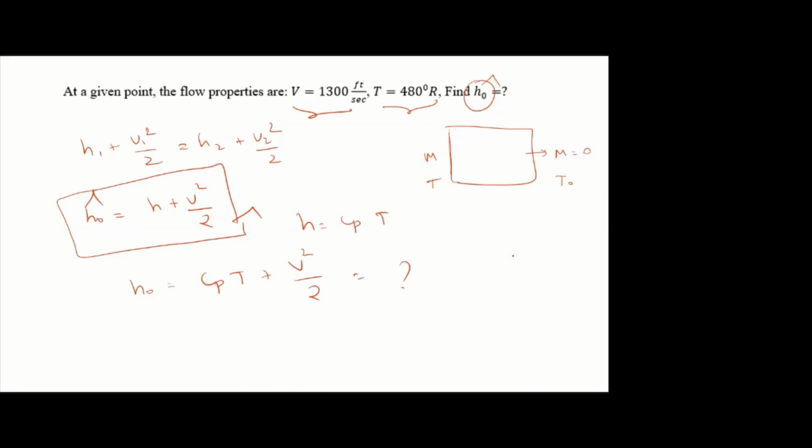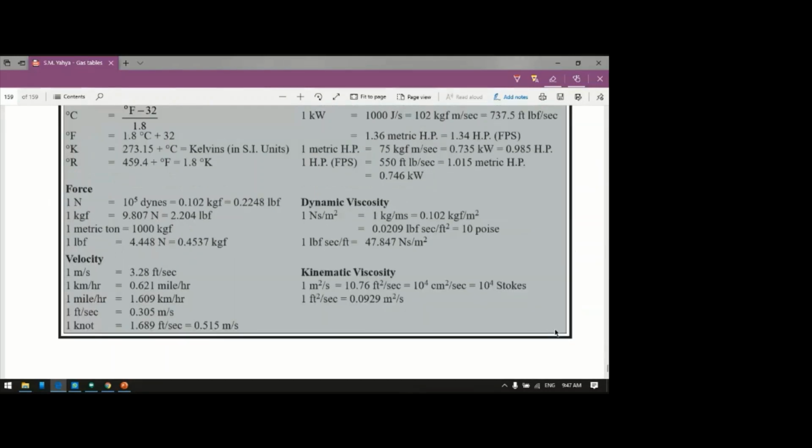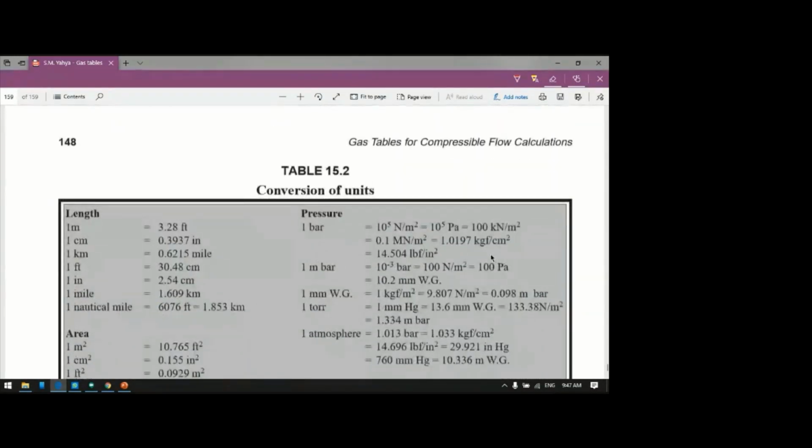In SI unit, velocity we used to mention meter per second, and temperature we used to mention Kelvin. This is the British unit. So here they mention velocity in terms of feet per second, and temperature in terms of, what is it, R? It's Rankine. At the last page, you can see the conversion table.